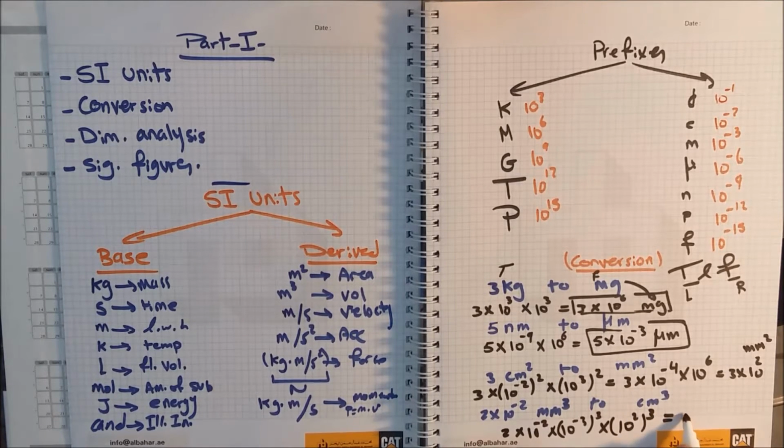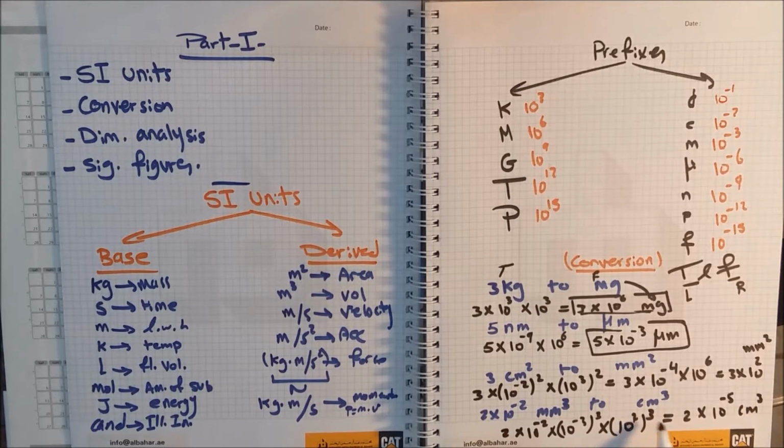So it would be 2 multiplied by 3 times 3 is 9, 2 times 3 is 6, which would be negative 3. The total would be negative 3. Negative 3 and negative 2 would be negative 5, so negative 5 cubic centimeter.